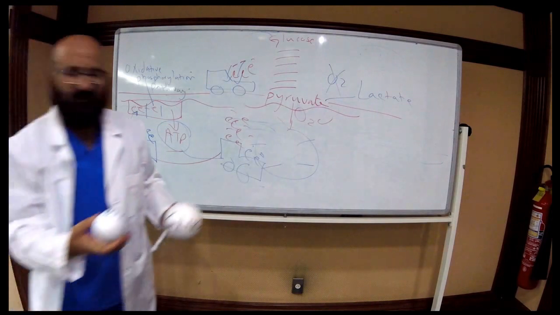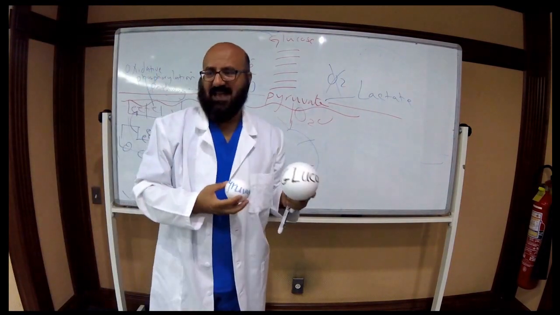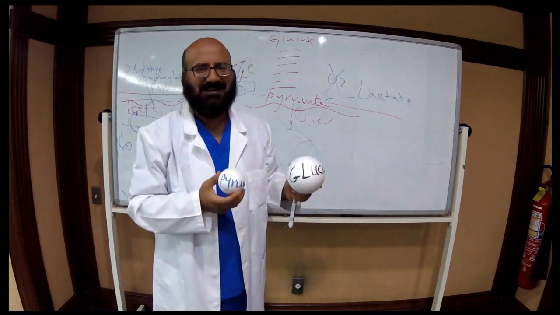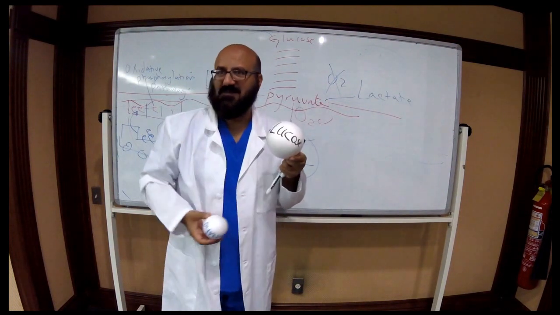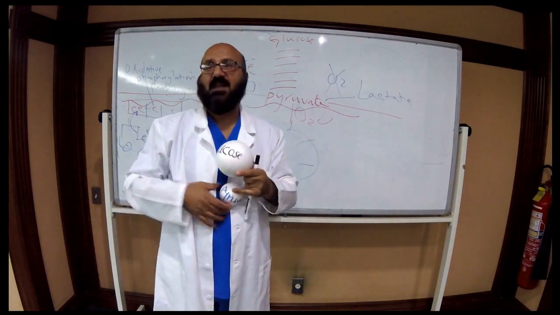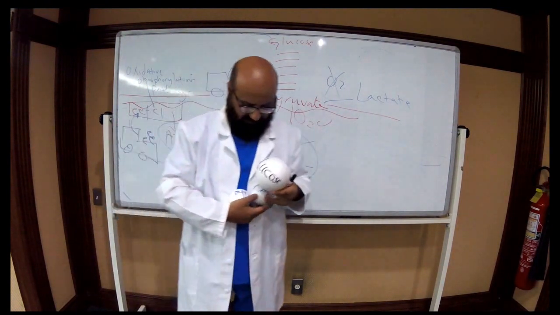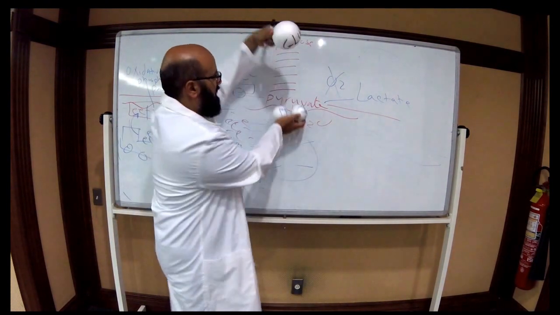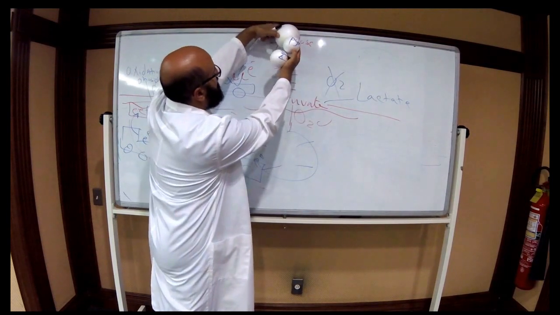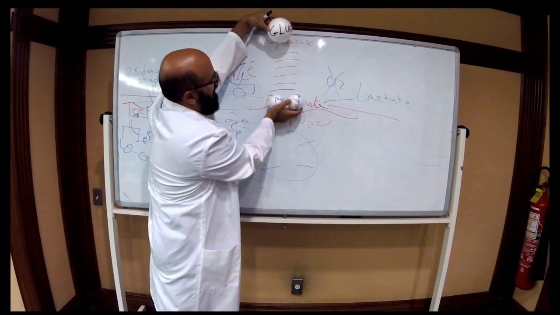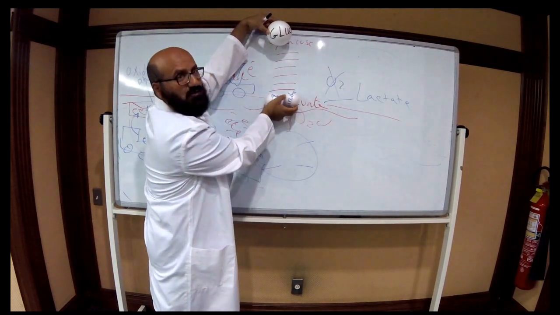This is one pyruvate, and there is another pyruvate. So one glucose breaks down into 2 pyruvates.